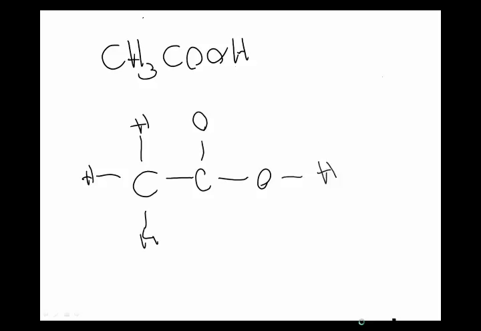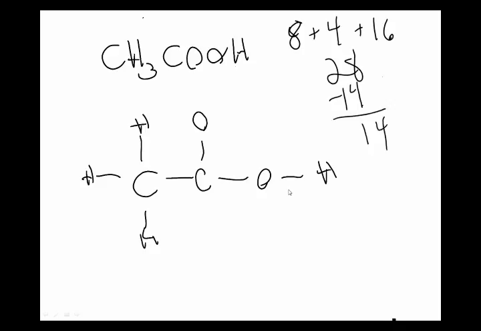So let's count up our total number of valence electrons. We have 2 carbons for 8. We have 4 hydrogens for 4. And then 2 oxygens at 8 each for 16. So that looks like 28 to me. 2, 4, 6, 8, 10, 12, 14 has already been used, which leaves 14 left.